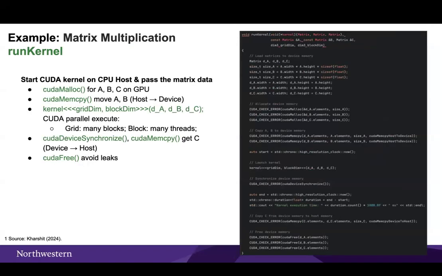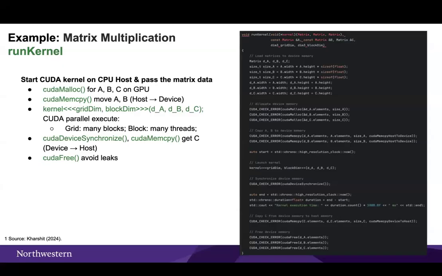So this run_kernel function sets up and launches a CUDA kernel for matrix multiplication. This process actually starts on the CPU by allocating GPU memory for matrices A, B, C using cudaMalloc, and then copies A and B from the CPU to the GPU with cudaMemcpy. The kernel is launched with the grid and block configuration using kernel<<<grid_dim, block_dim>>>, where each block has multiple threads.